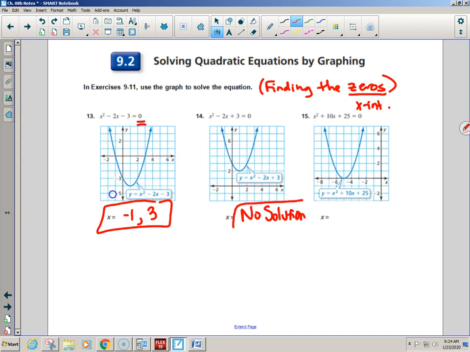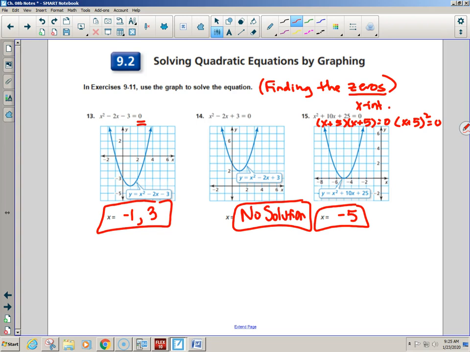What about number 15? Sometimes parabolas can just hit at one. If you want to peek behind the scenes at what's going on, this one would have been x plus 5 times x plus 5, which is the same thing as x plus 5 quantity squared. There's only one intercept because it hits at one point.